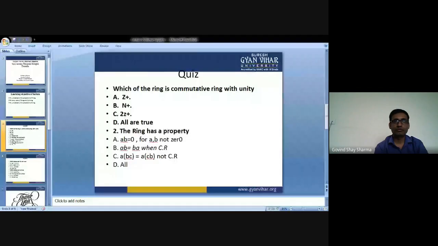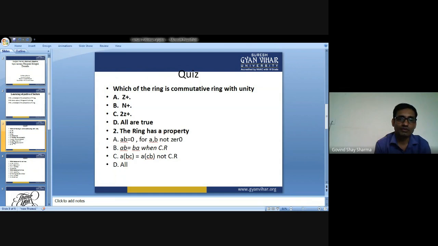There are some questions waiting for you. Which of the rings is a commutative ring with unity? The options are (Z, +, ·), the set of integers, and (2Z, +, ·), the ring of even integers, and all of the above.